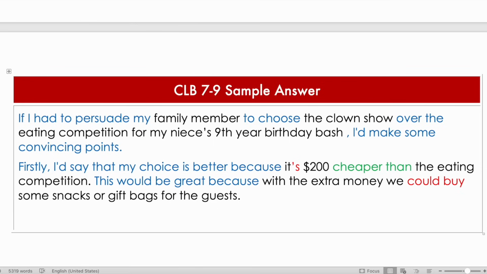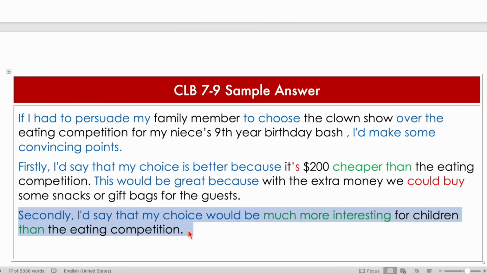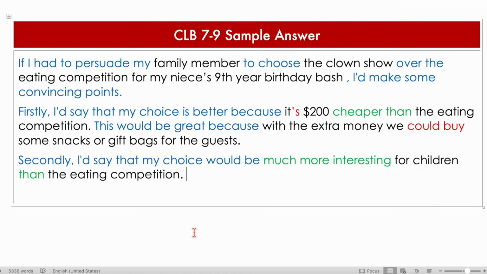So now what's the second idea here? Secondly, I'd say that my choice would be much more interesting for children than the eating competition. Okay, so much more interesting. Again, we're trying to use comparative language as much as we can.